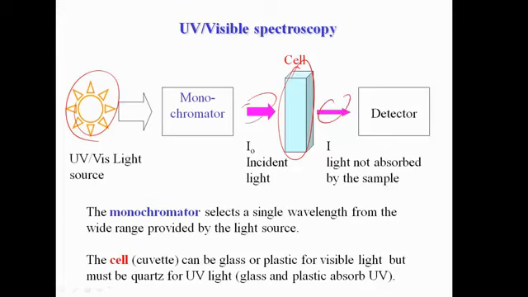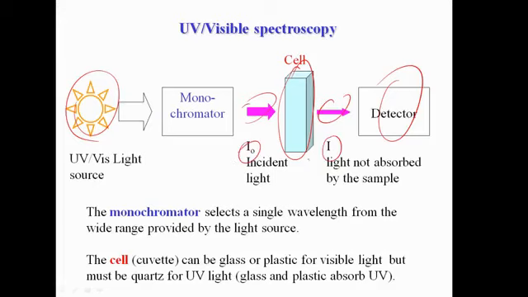So the idea is that some of it is absorbed and less of it comes out, and then you have some detector that can detect that light there.